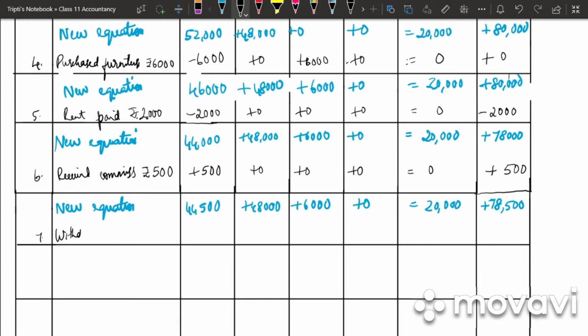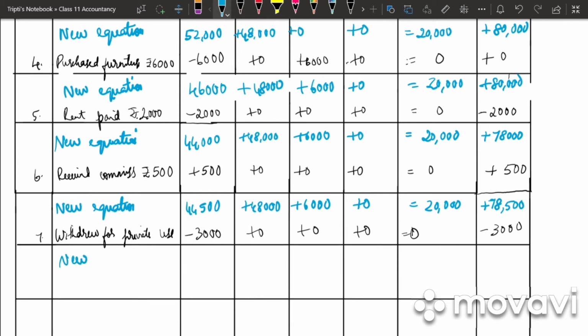Next seventh we have withdrew for private use. So when you are withdrawing for private use, our cash is reducing by 3,000. No changes in the remaining. And our capital is reducing by 3,000.